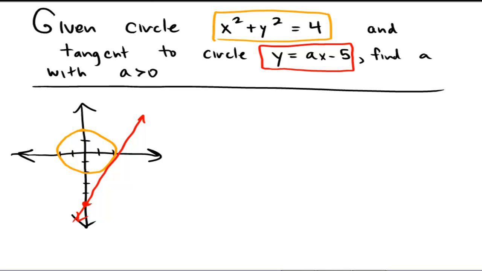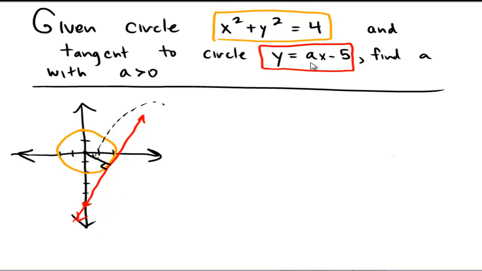One fact we'll have to remember from geometry is that if you draw the radius of a circle to the point of tangency, this is perpendicular to the tangent line. So that means that this line right here is going to be perpendicular to the red line.